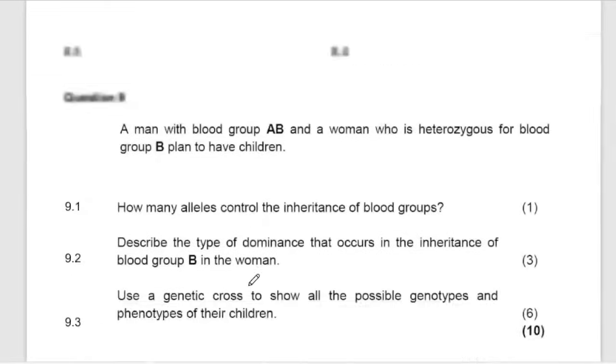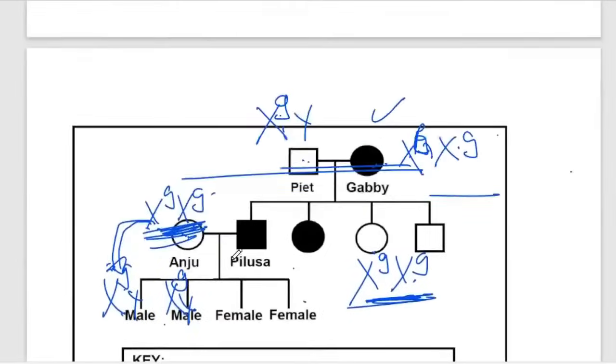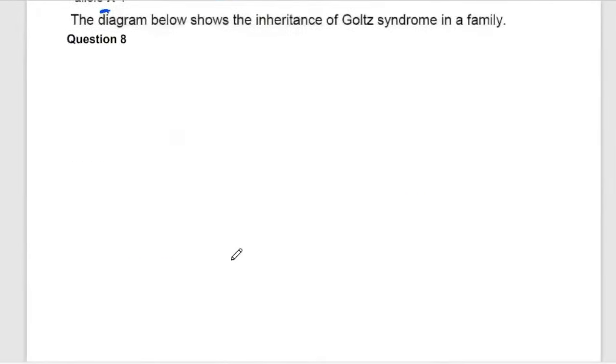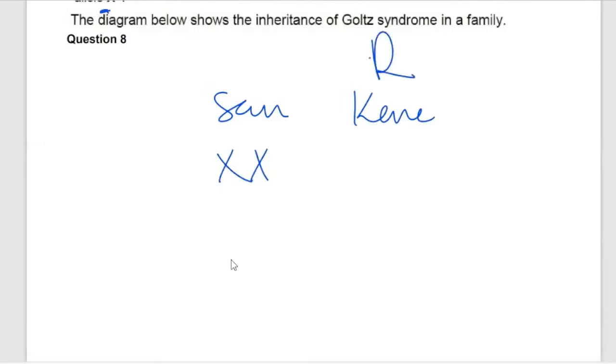When you go to a cross which involves an autosome, non-sex linked, please, even if they talk about sons and daughters, don't use X and Y. If they say that this is caused by allele R, you just say R. It is homozygous.